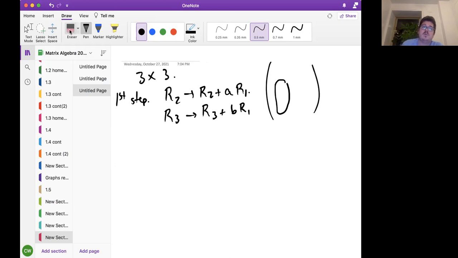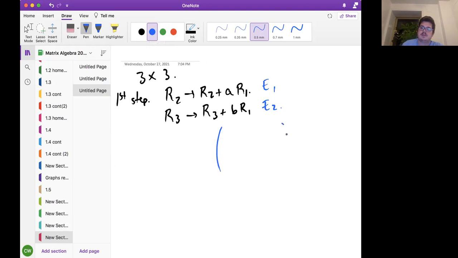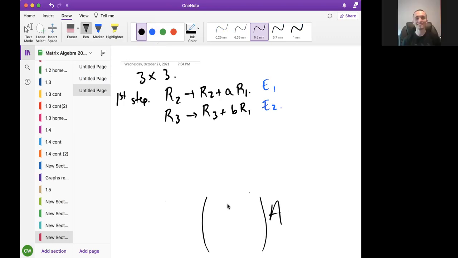So what are these matrices? For a 3x3, let's say this is E1 and this is E2. What does E1 look like? What's the first row of E1?